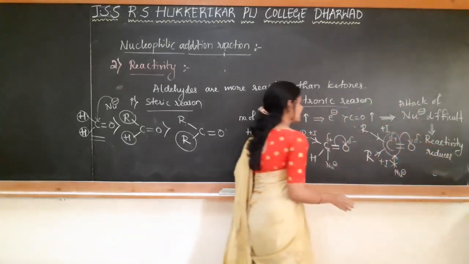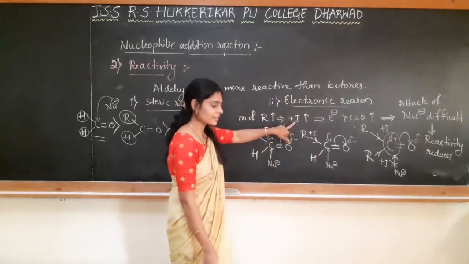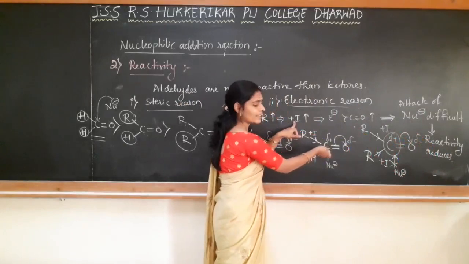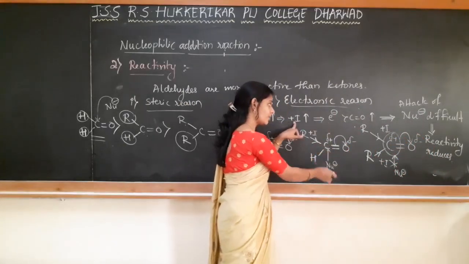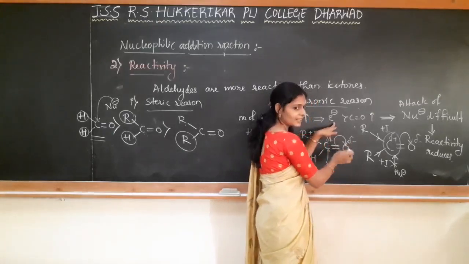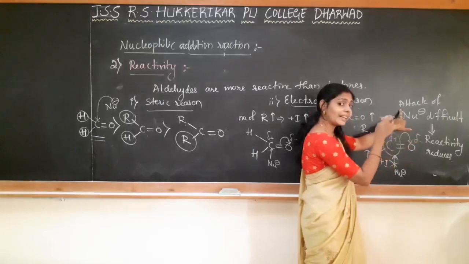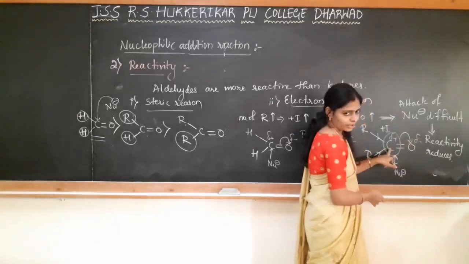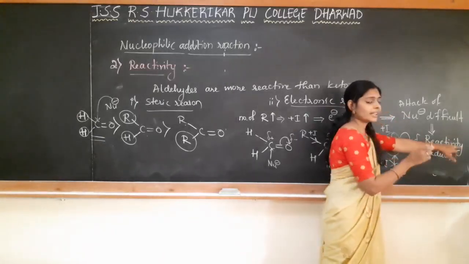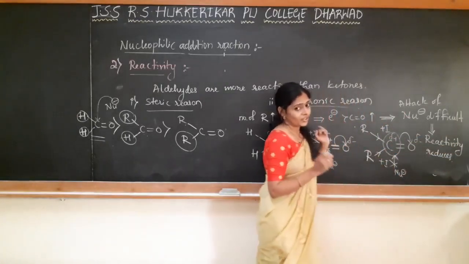So as the number of alkyl groups increases, the plus I effect increases, and electrons are more pushed towards the carbonyl carbon, which is already electron deficient. As the electron density on the carbonyl carbon increases because of the plus I effect, the nucleophile will not attack the carbonyl carbon that easily. That reduces the reactivity of carbonyl compounds towards nucleophilic addition reactions.